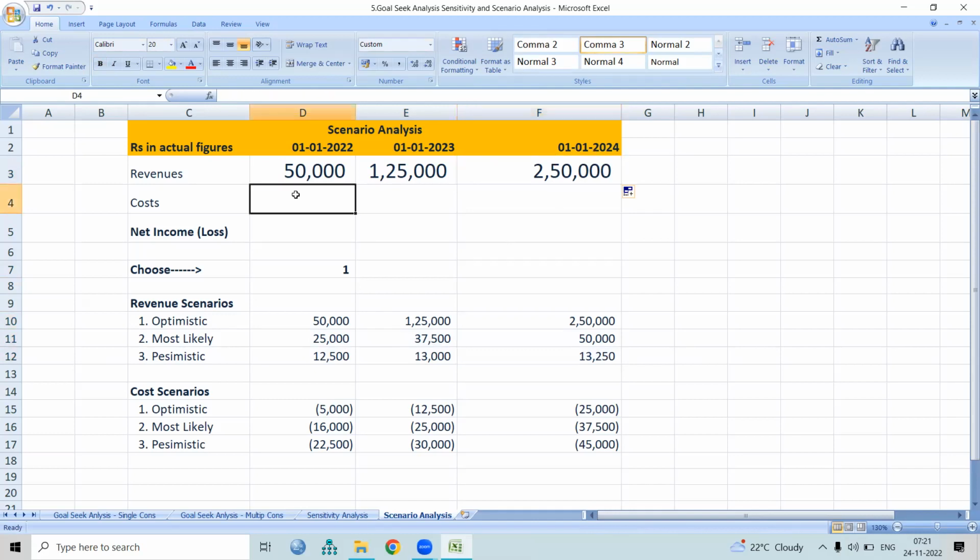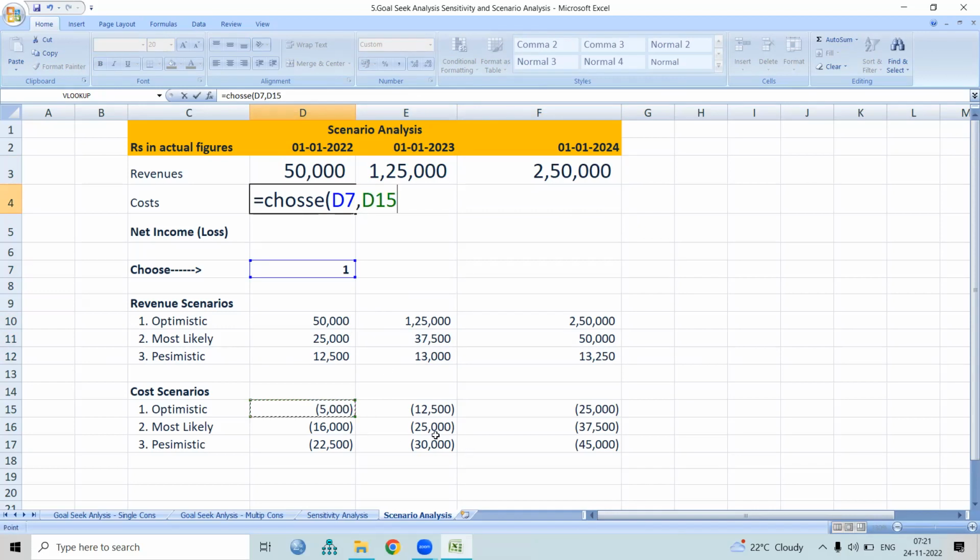In the same line, let's find out the cost. So the same equation: equal to CHOOSE, open the bracket, select the index number D7, come on, select the values.